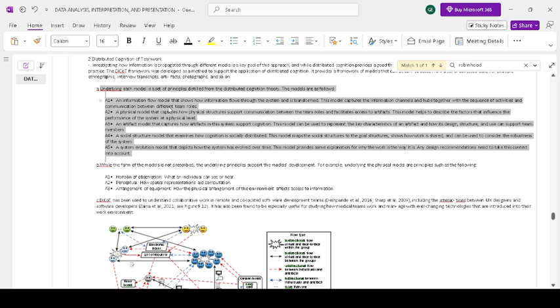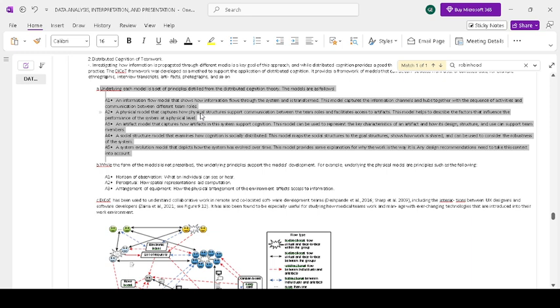An information flow model that shows how information flows through the system and is transformed. This model captures the information channels and hubs together with a sequence of activities and communication between different team roles. A physical model that captures how physical structure supports communication between the team roles and facilitates access to artifacts.